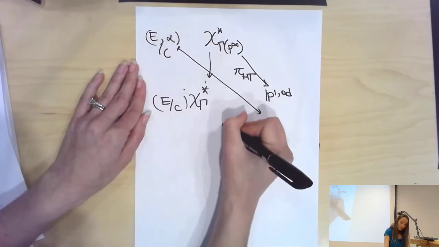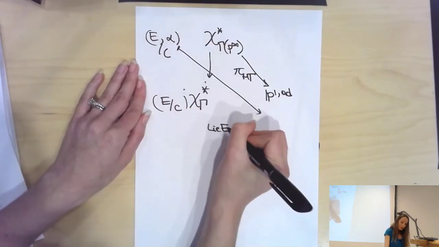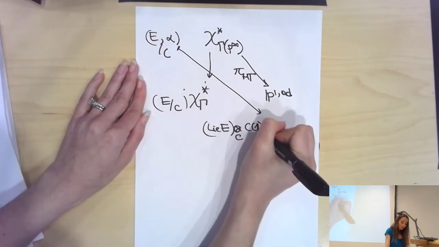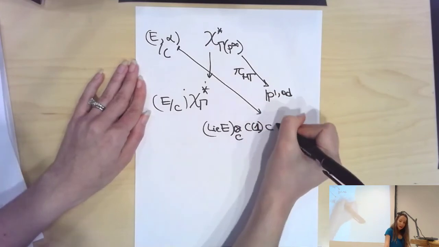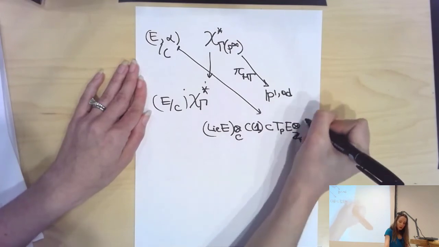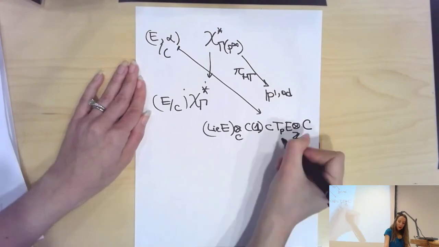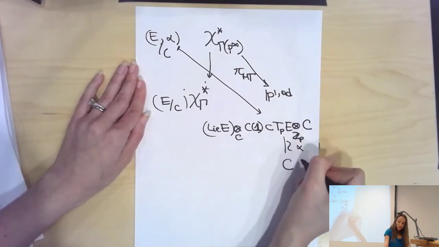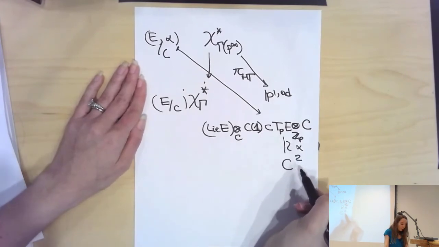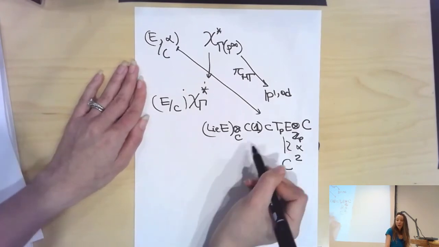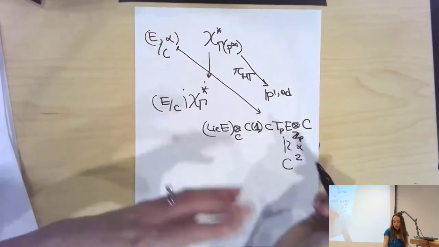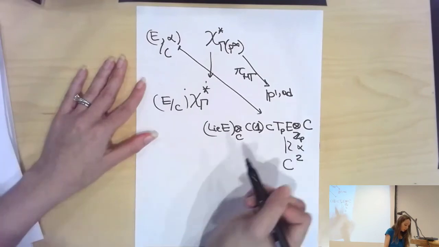So the Lie algebra of E, tensor over C, Tate twisted, is a sub inside T_p of E tensored over Z_p with C. And alpha trivializes this, so it's just going to be identified with C squared under alpha, and the Hodge-Tate filtration is just given by this sub and then the corresponding quotient that you saw in Bargov's talk.